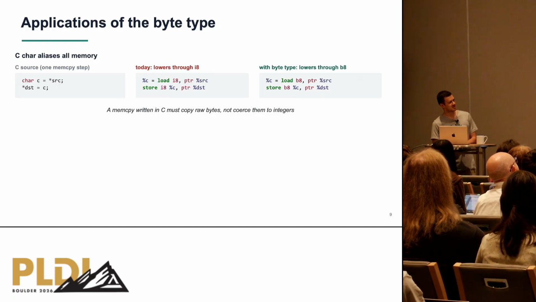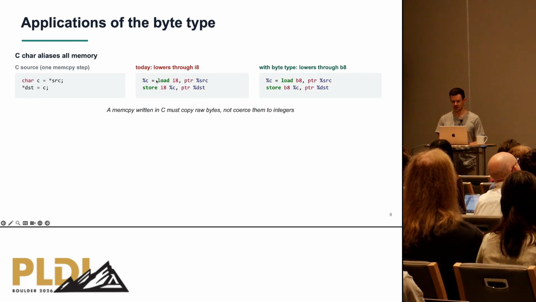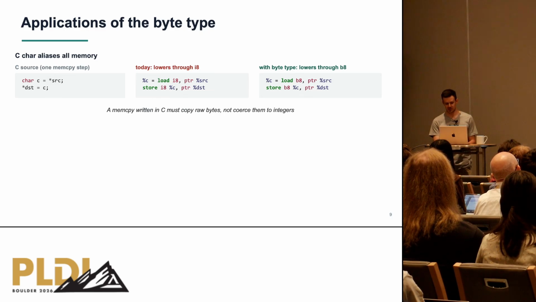So on the left, we see that we copy a single byte as we would inside the manual memcopy implementation. Currently, LLVM lowers the char type to integers, which is unsound because of provenance and spreading of poison bits. And with the byte type, we can preserve the raw bytes without coercing them and casting them to integers.